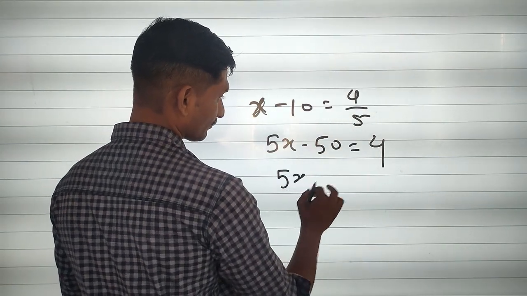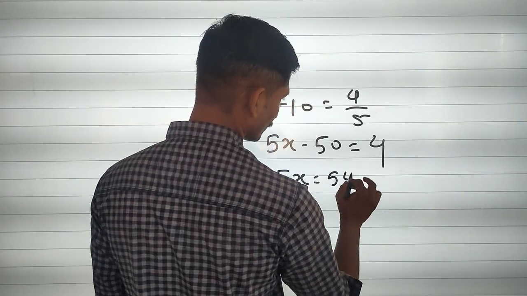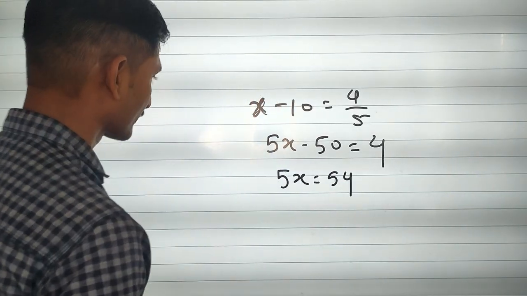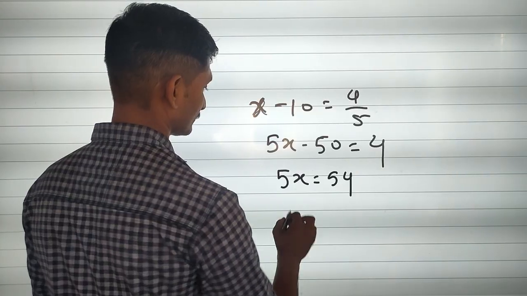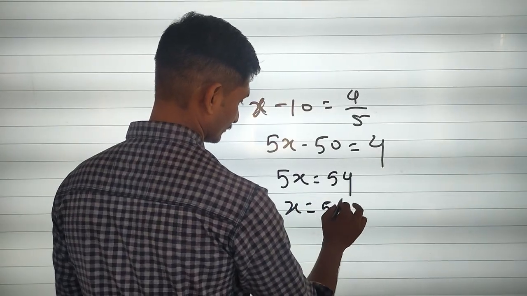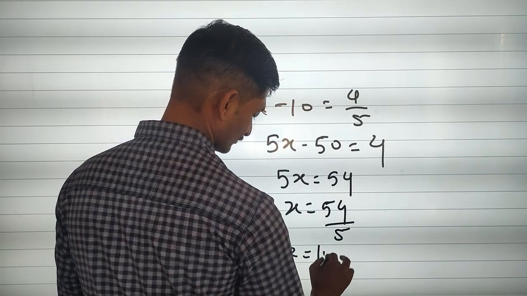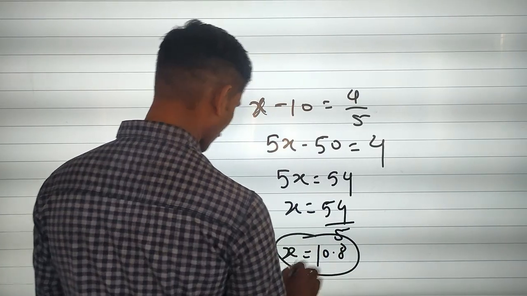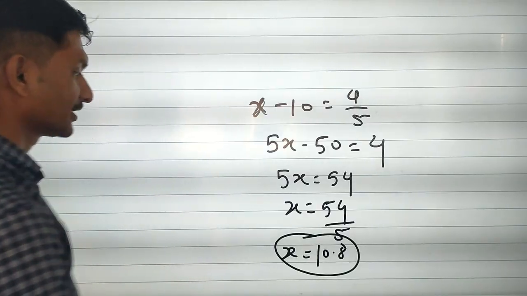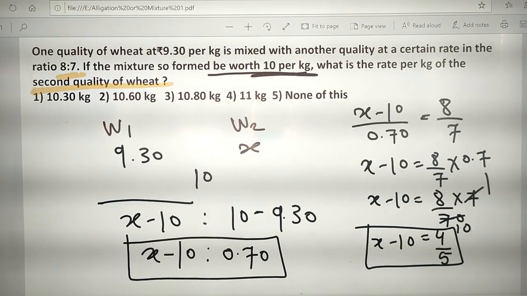Then 5x is equal to 54. x is equal to 10.8.